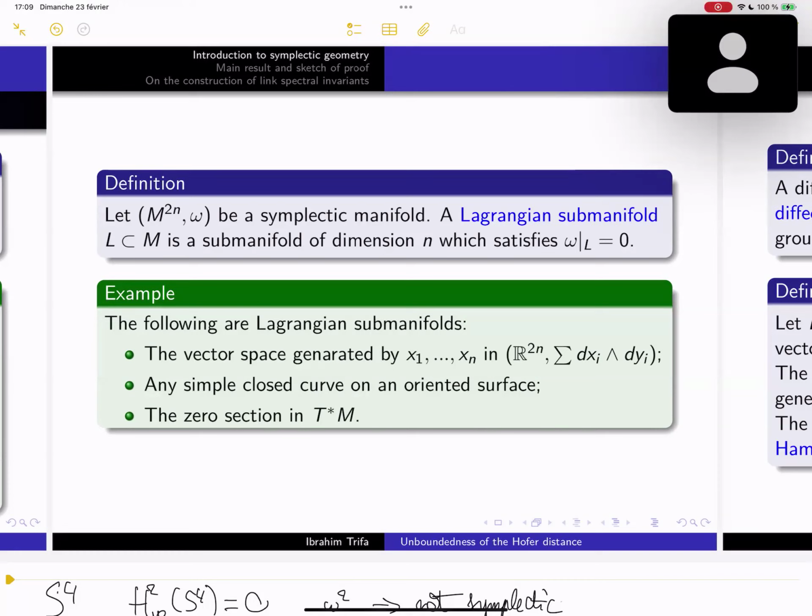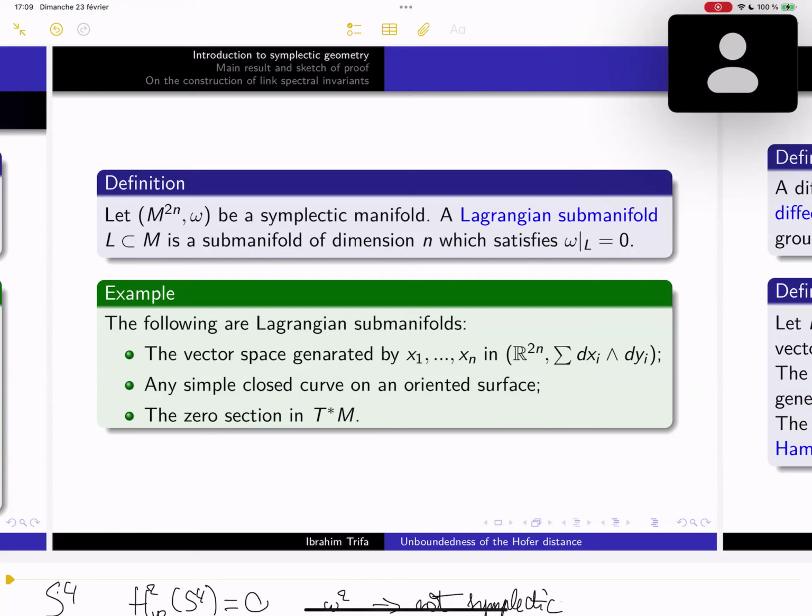As an example, if we take R^2n and look at the space generated by x_1, ..., x_n, you can check that the symplectic form vanishes on it, and so it's a Lagrangian submanifold.